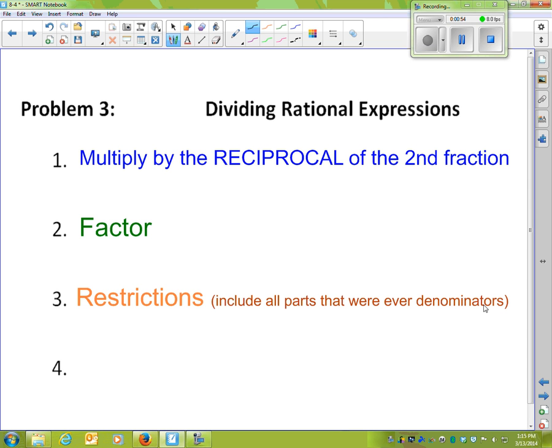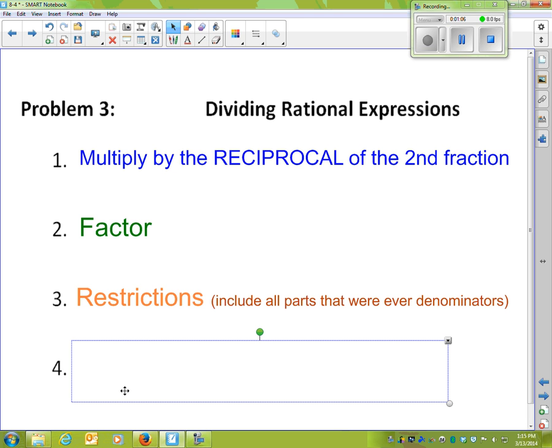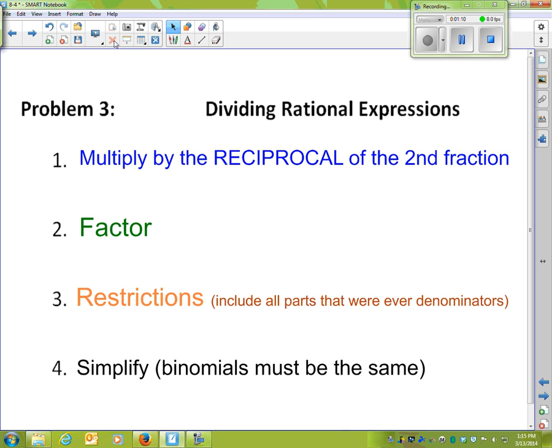So that means in the very original problem, you had the denominator that when you did the reciprocal became the numerator. I'll clarify that as we go through our first example. After you've done your restrictions, you can simplify. Remember, binomials have to be exactly the same in order to cancel.